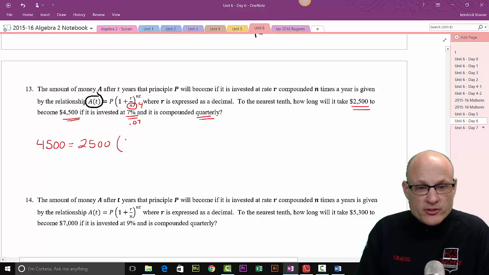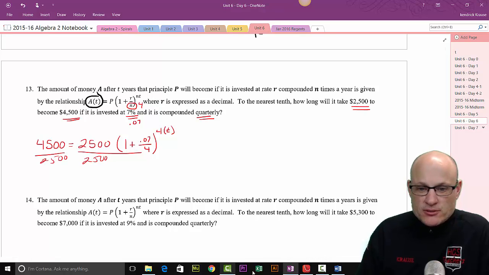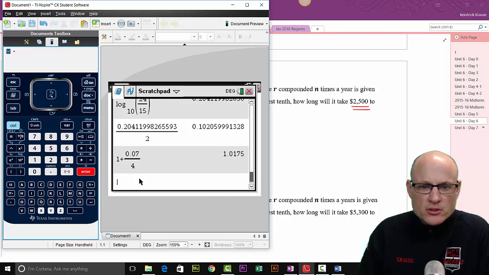We're going to start with $2,500, and to that, I'm going to put it into 1 plus 0.07 over 4 to the 4 times t. We're going to divide by 2,500. So what I really want to know is what is 1 plus 0.07 divided by 4? 1.0175.